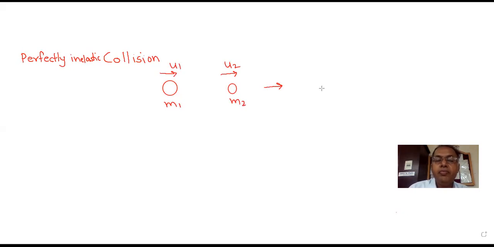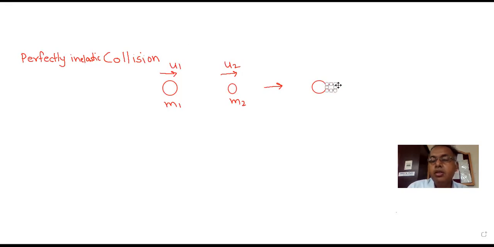So what is the meaning of perfectly inelastic collision? So this body after collision and the other body after collision, they would stick together and they would travel together. Okay, so let us say this is how they are stuck. Okay, and let me just draw it neatly.